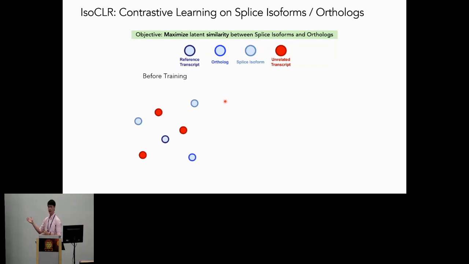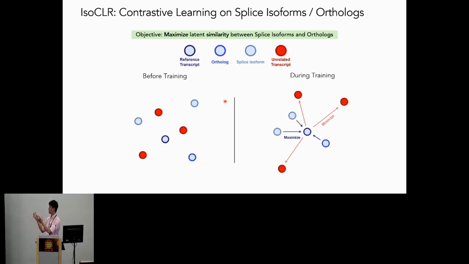Before the model training, our latent space will look something like this, right? Our transcripts are just uniformly randomly distributed in the latent space. And our objective during training will be to pull these orthologs and splice isoforms of a reference transcript closer together and then push unrelated transcripts further apart. By doing this, we'll generate a structured latent space that is useful for downstream tasks.